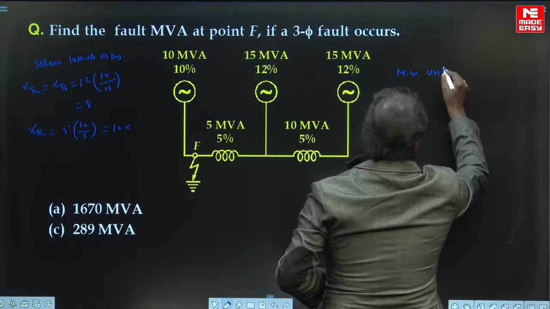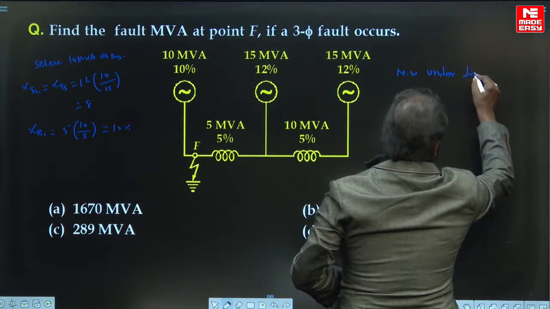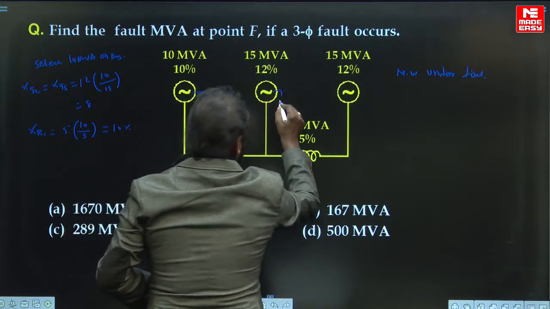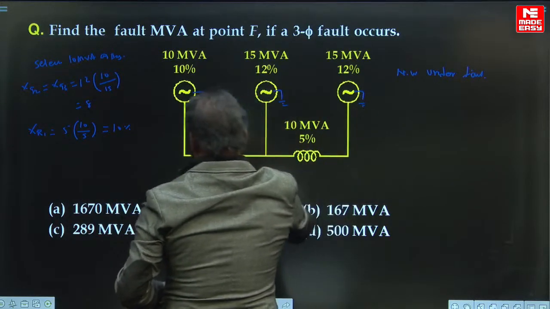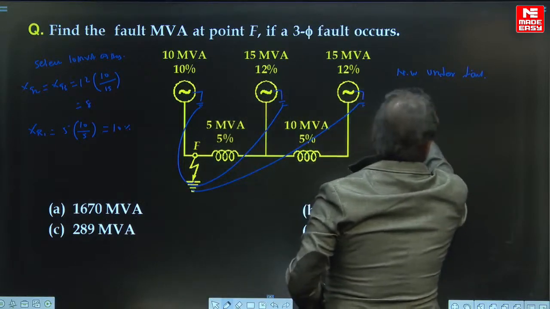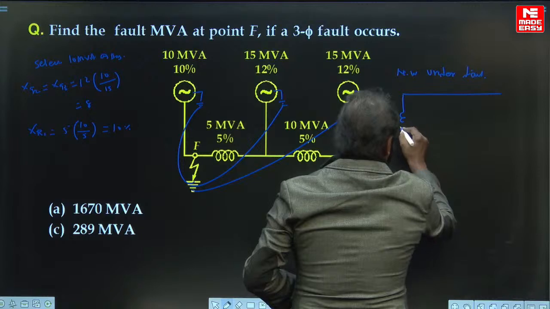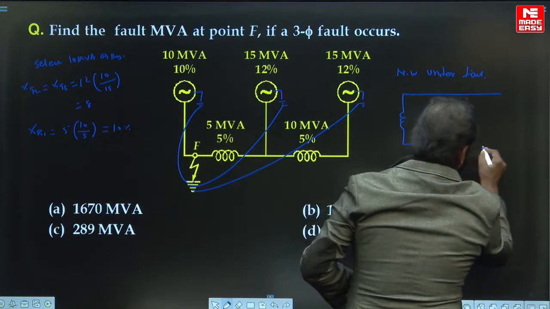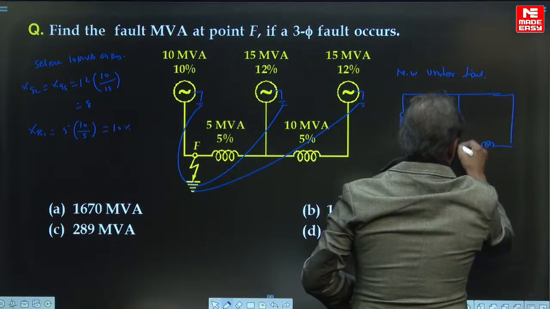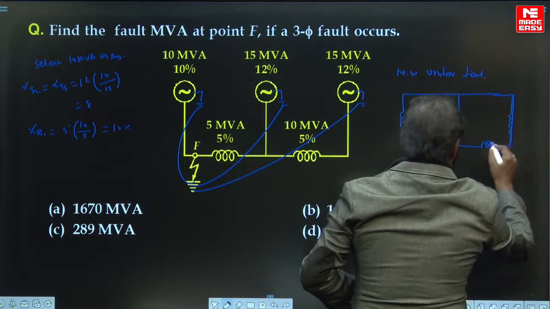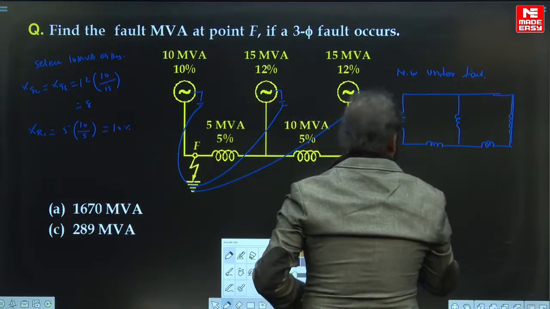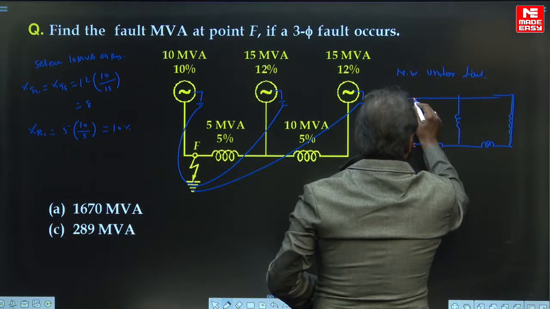So what can I say? The network under fault. Where is the fault occurred? Here. The generator neutral is grounded, this generator neutral is grounded, this generator neutral is grounded. They can have a common path with all these three. Then it is equivalent to this. The fault has occurred here, so I need to take the X equivalent from this point to this point.